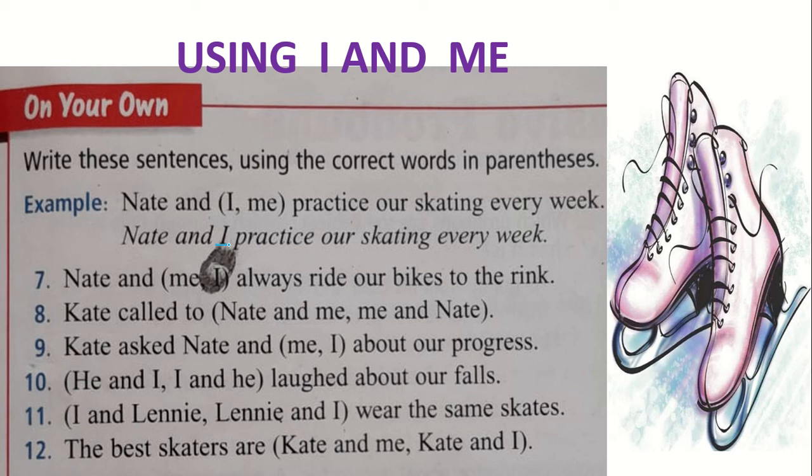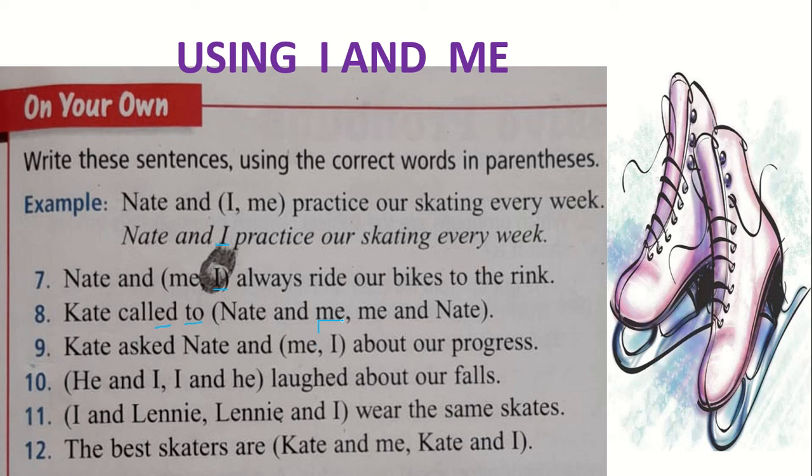Nate and I, or Nate and me, because it's in the subject it is I. Number 8, Kay called to Nate and me, or me and Nate. Now, it's after the verb and the word to, so we use the one that contains me. But you name yourself last: Nate and me.